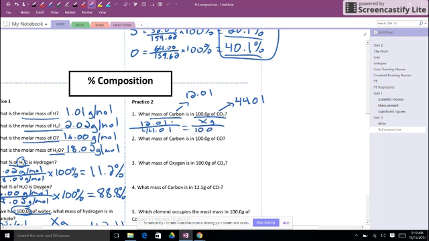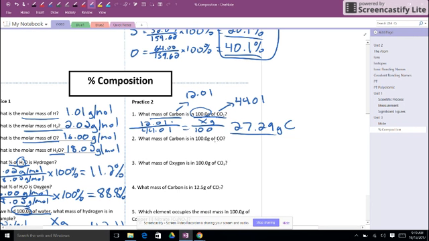We divide 12 by 44, we multiply it by 100, and we get 27.29 grams of carbon. Notice I'm going to try to have 4 sig figs here if that was the information provided to me. So 27.29 grams of carbon would be found in 100 grams of CO2.